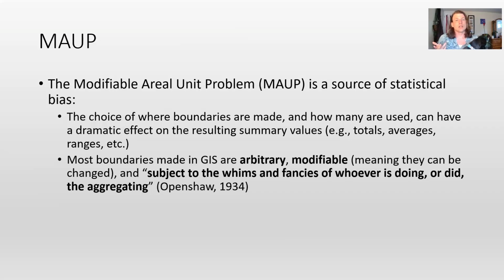But again, all these boundaries and how many units we have are arbitrary choices. So if we use arbitrary choices to aggregate data, the values might be somewhat arbitrary. Most boundaries made in GIS are arbitrary and modifiable, and they're just subject to the decisions of whoever is doing or did the aggregation.